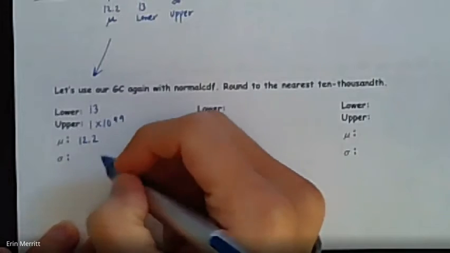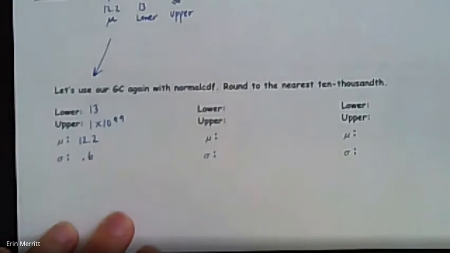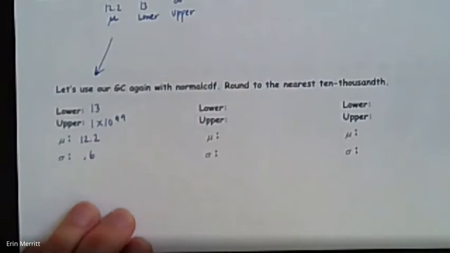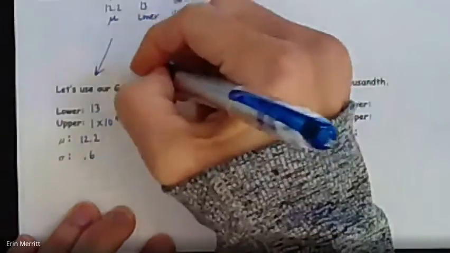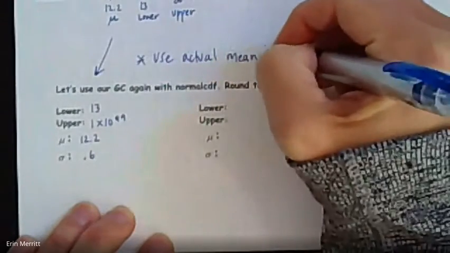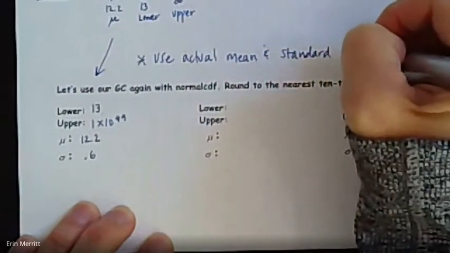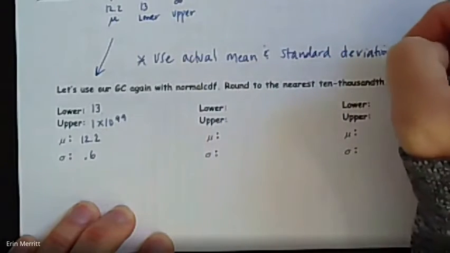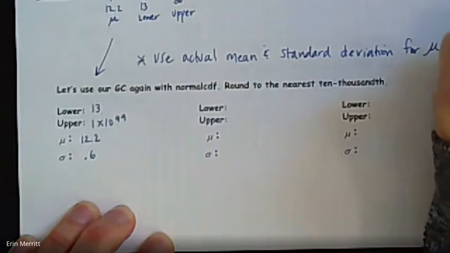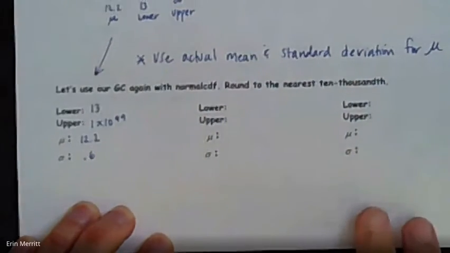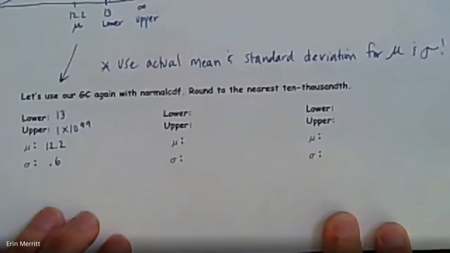The standard deviation, that's the 0.6. So it's super easy to use, but if you don't use z-scores, you have to make sure to use the actual mean and standard deviation for mu and sigma. All right, so just remind yourself, oops, I'm sorry, a little off the screen there.